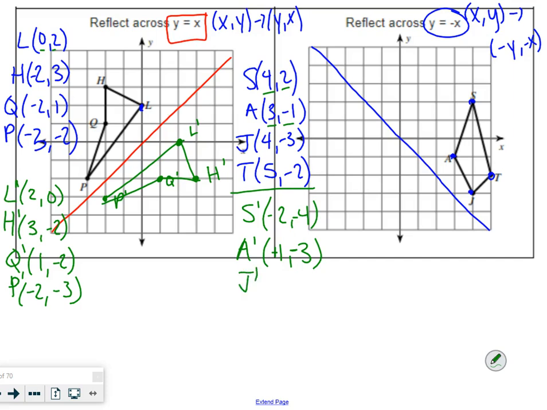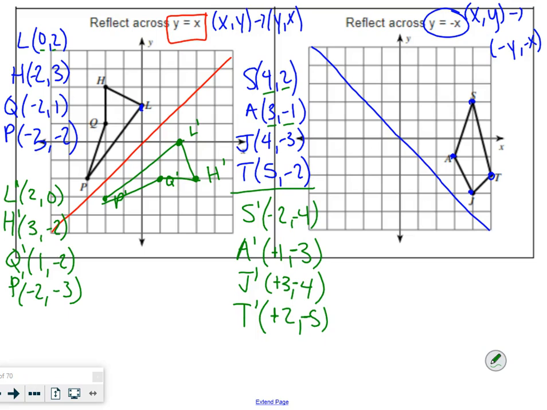J prime, we'd flip the two numbers, so it'd be negative 3, 4, and then make them the opposite, so positive 3 and negative 4. And then for T prime, we flip the negative 2 and the positive 5, and negative 2 would become positive 2, positive 5 would become negative 5.